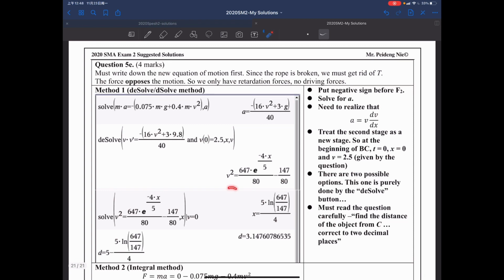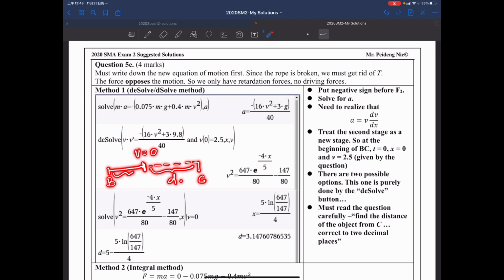With this known relation between v and x, you can substitute v equals 0 to solve for the value of x. But remember, your point B is here, your point C is here. It stopped somewhere in between B and C. And this is the distance we want to find, okay? This is the place where it stops.